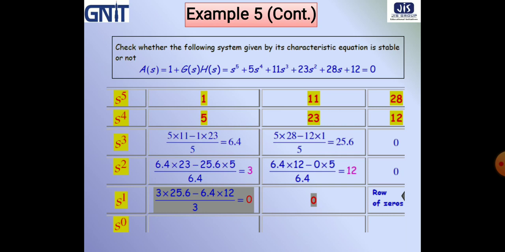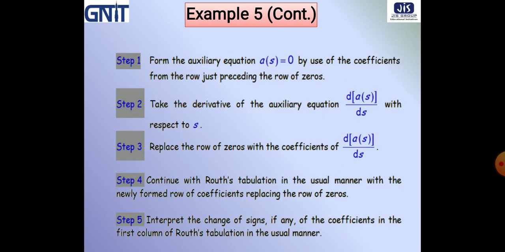Now what do you have to do to go further? This row is the row of zeros. If this type of situation, a row of zeros, occurs, then form the auxiliary equation A(s) equal to 0 by using the coefficients from the row just preceding the row of zeros.